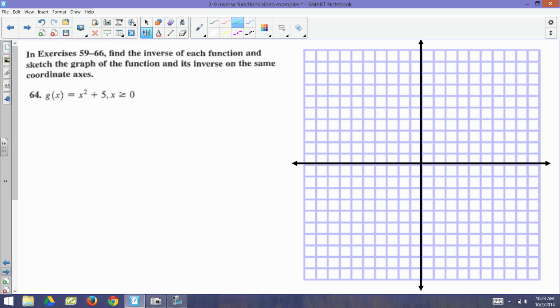Find the inverse of the function, sketch the graph of the function and its inverse on the same coordinate axis. Okay, so this equation is a parabola that opens up, and it's 5 up. But it's only x greater than or equal to 0. So it's something like this graph right here.